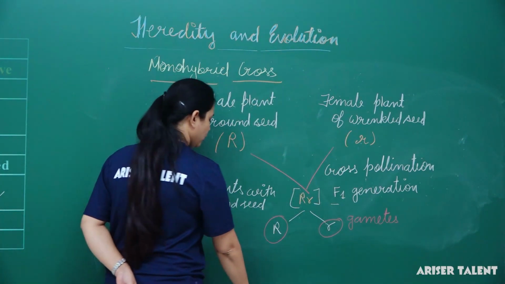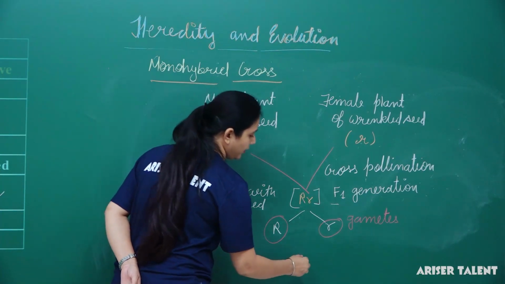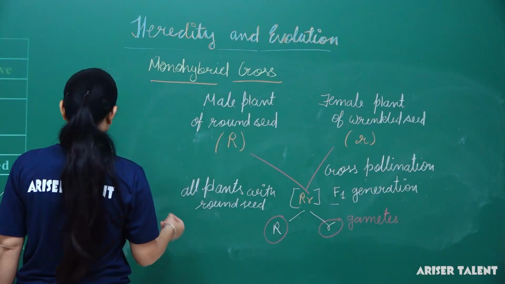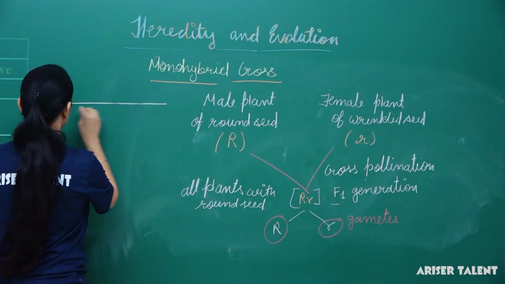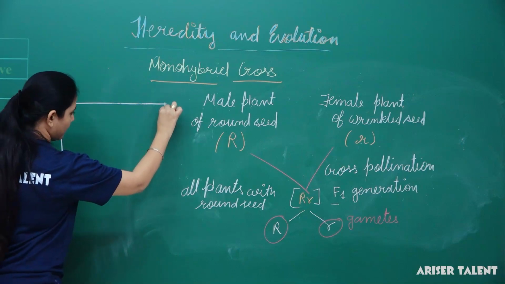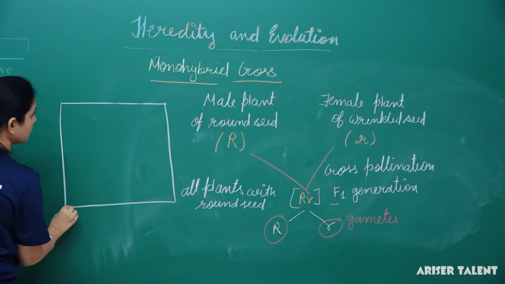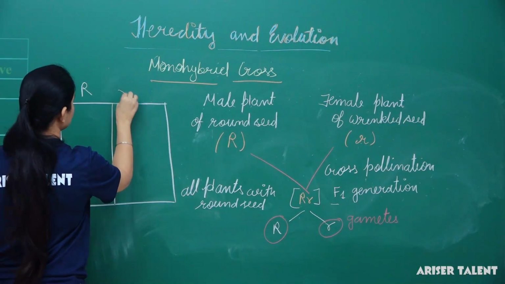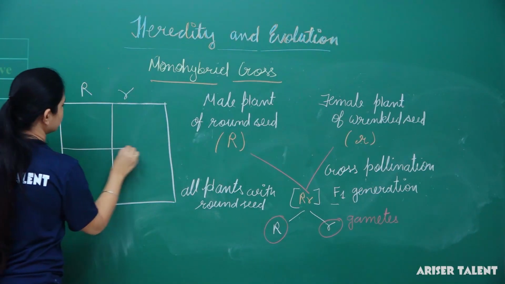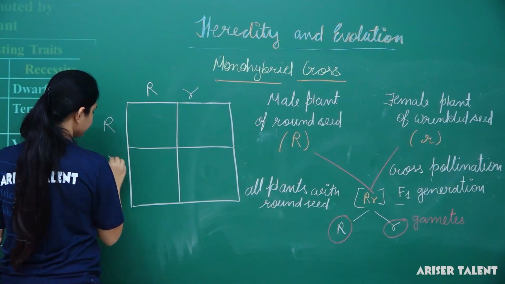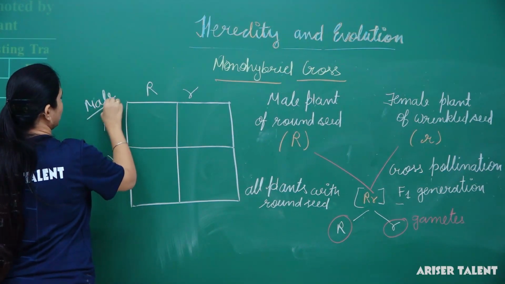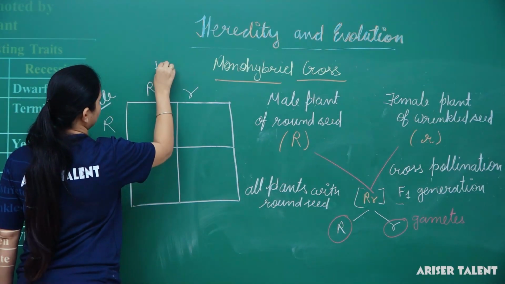When the self pollination is done, let me mention here the female plant and here the male plant. These are the gametes.